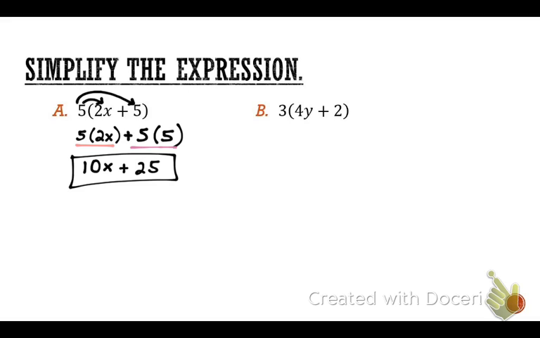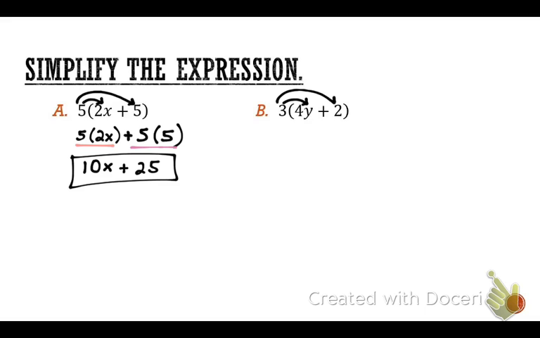All right, so let's go to problem B. Do I need to combine anything inside my parentheses? No. Do I need to use the distributive property where there's a number outside and I have to distribute it to everything inside? Yes, I do. Help me, Austin. What should I do? I'm going to multiply first the 3 times the 4y. Then what should I do? And you have to multiply the 3 times the positive 2.